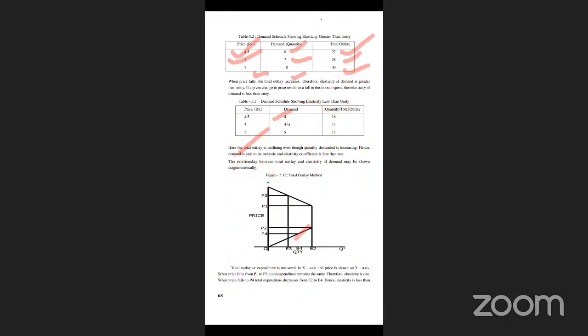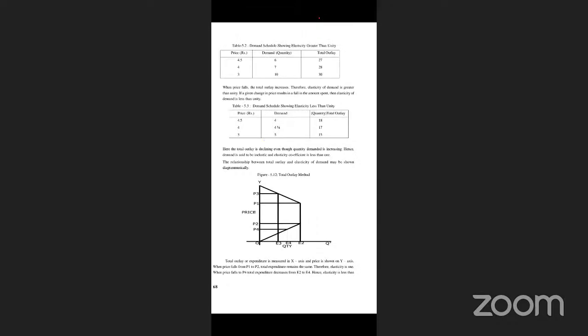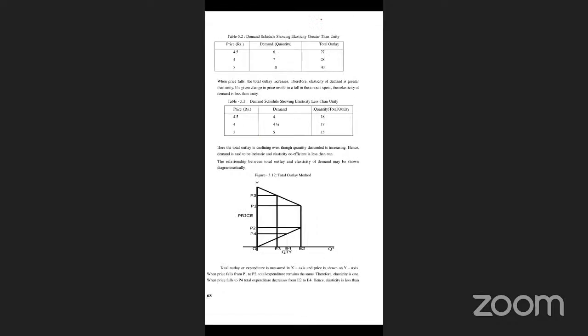Understood? Yeah? So when the price is falling, the total outlay is increasing. You can see the effect of price. When the price is falling, the outlay is increasing.